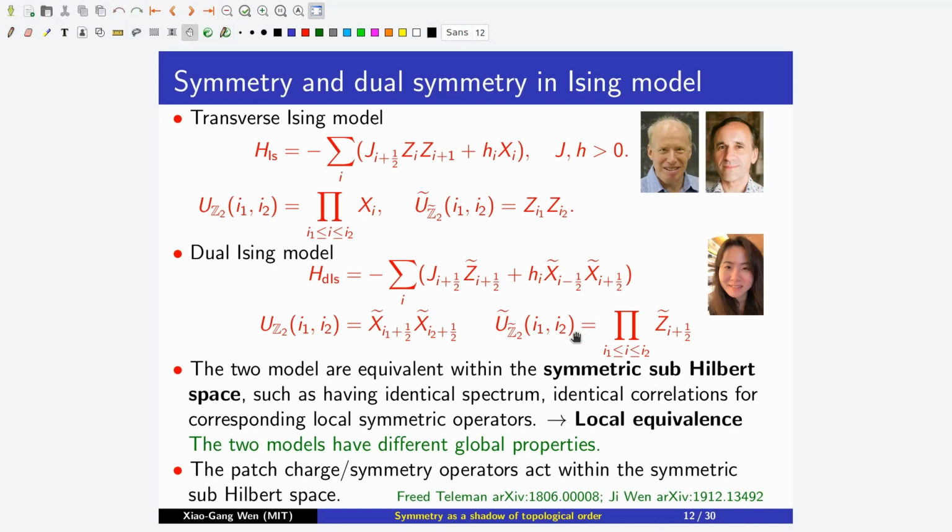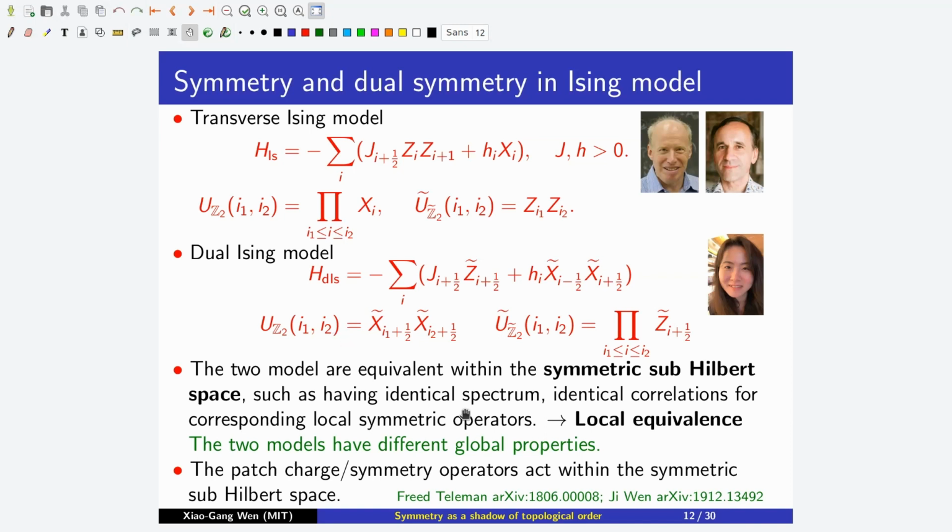But on the other hand, in the duality model, any state is symmetric under the original symmetry because the original symmetry is the identity operator. So any state is in the symmetric sub-Hilbert space. And similarly, in the Ising model, any state is symmetric under the dual symmetry. So this symmetric sub-Hilbert space turns out to be symmetric under both the symmetry and the dual symmetry. So again, very symmetric.